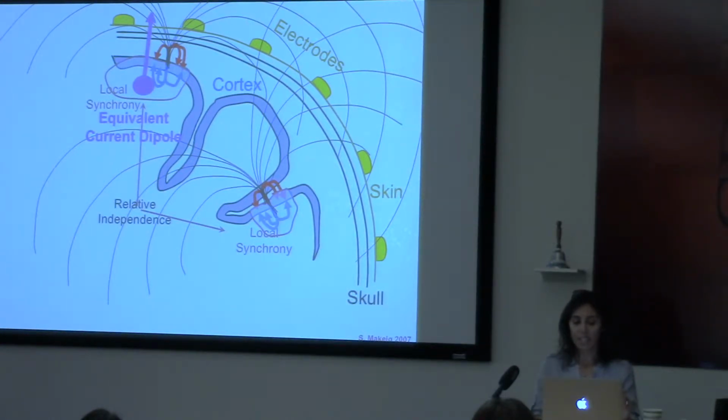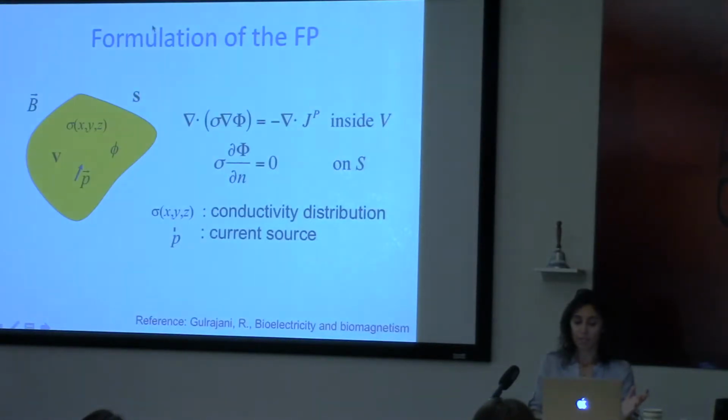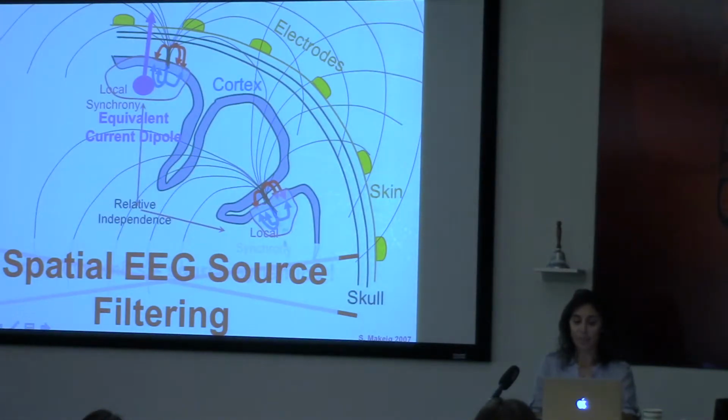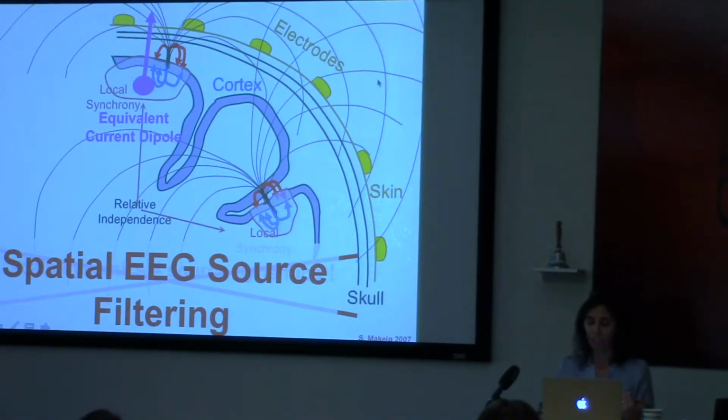So we can represent the equivalent dipole of this patch like this, and we can represent this one like this, so that it will be all mixed together on the EEG electrode locations.